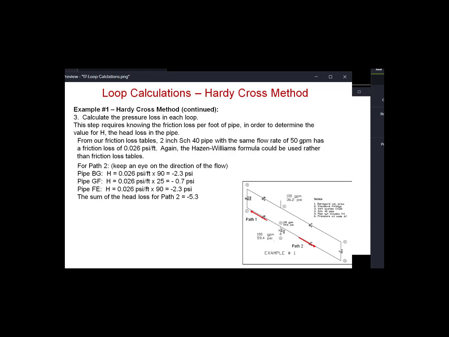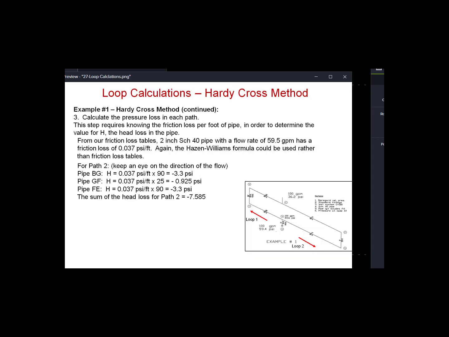You could also use the Hazen-Williams formula to determine the friction loss for each pipe segment instead of using the friction loss tables. Therefore, path 1, pipe BC is equal to 3 psi, pipe CD is equal to 1.5, pipe DE is equal to 3.0. The sum of the head loss for path 1 is 7.5 psi.